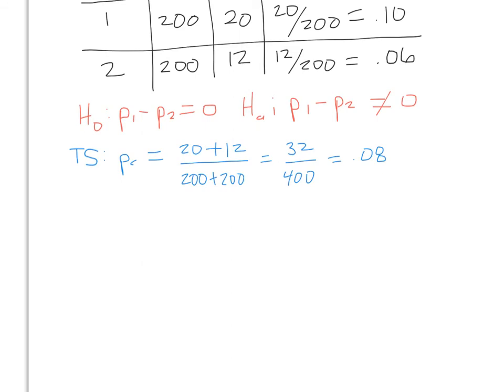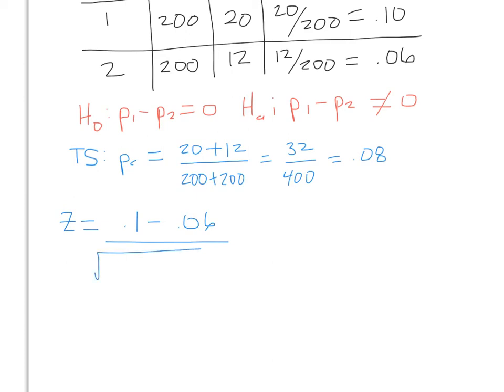Okay, so now the test statistic, z, is equal to the difference in the p primes, so 0.1 minus 0.06, divided by that standard deviation calculation.